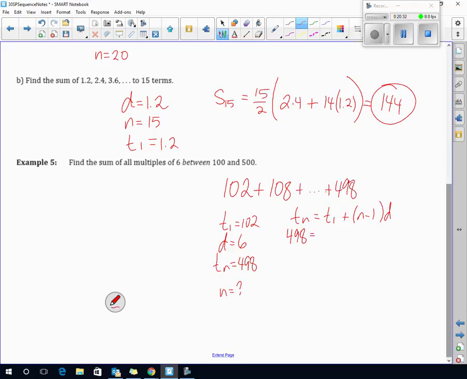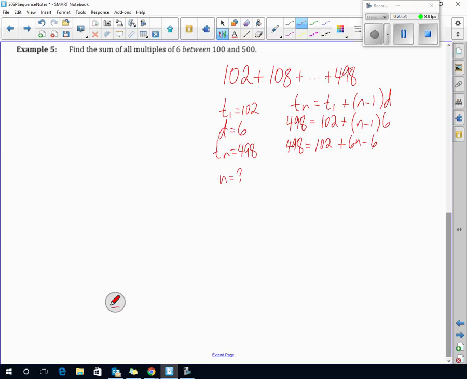So 498 equals 102 plus 6n minus 6. If I take 102 and subtract 6, I get 96. If I subtract 96 to get it over to the other side, I get 402 equals 6n.